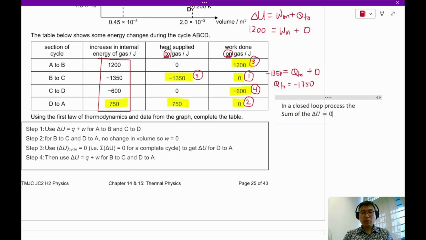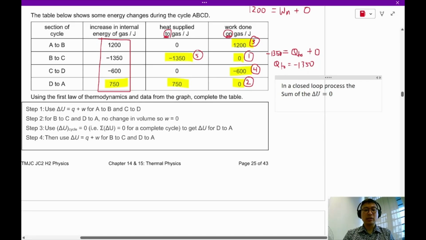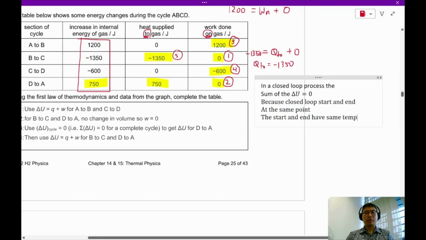So we add all the changes in internal energy, and it must equal zero. Why is this the case? Because the closed loop starts and ends at the same point, which means that the start and end have the same temperature.